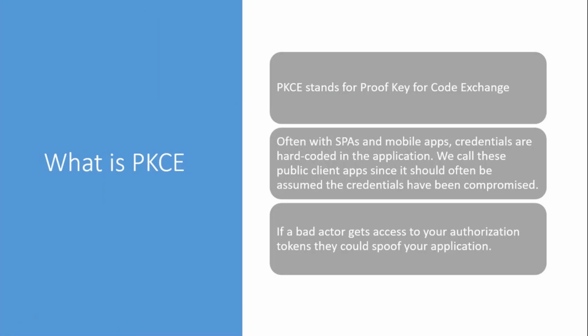So if someone is able to get access to your authorization, your auth code, they can spoof that to get access codes from your server. So the question becomes, how do we make sure that the person who is making a request for an access code is actually your application and not just some third party who has stolen one of your auth codes and then is using the refresh tokens to keep spoofing your application?